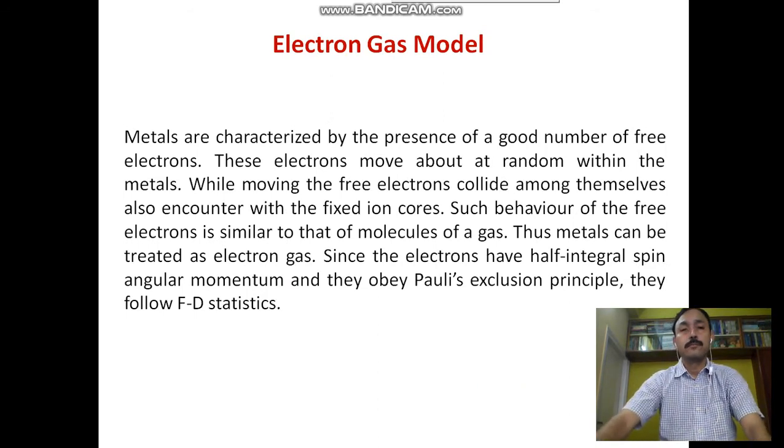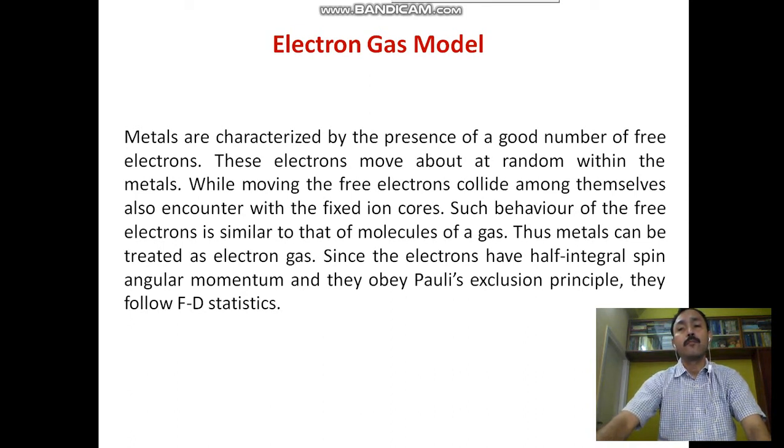Electron gas model. Metals are characterized by the presence of a good number of free electrons. These electrons move about at random within the metals. While moving, the free electrons collide among themselves, and also encounter the fixed ion cores.